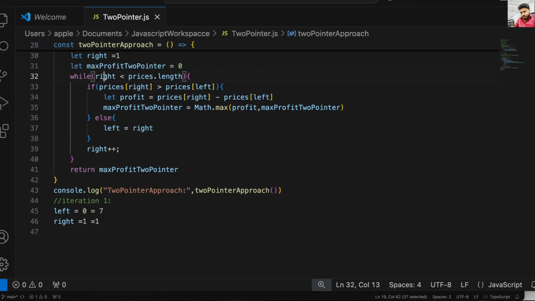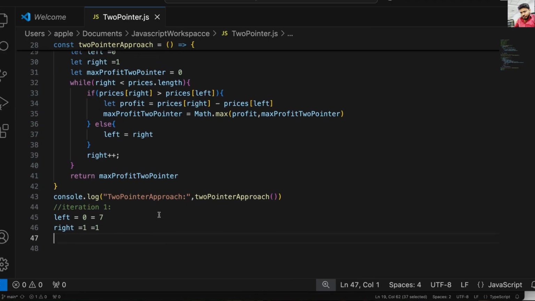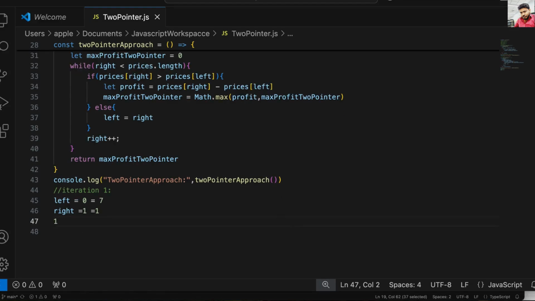This will be satisfied anyway, since right is less than the prices length. After that, we compare in the if. Prices of right, now it is 1, is greater than prices of left, which is 7.